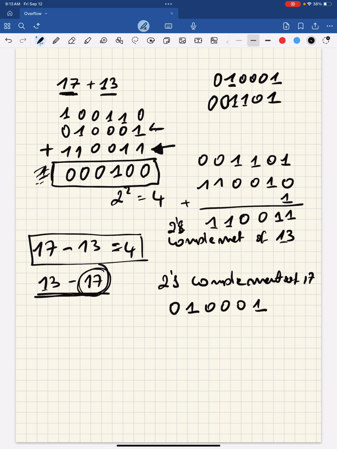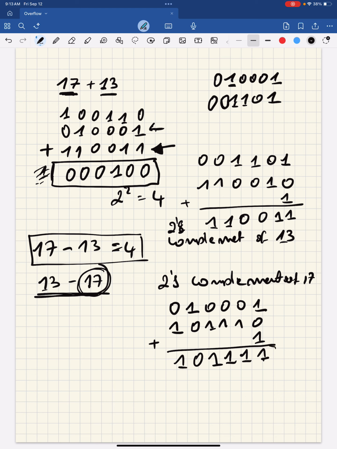Now the 2's complement, we flip all the digits. So the 0 becomes 1, the 1 becomes 0. Then we have three 1s following, and then we have a 0 there. And we add a 1 to the resulting value. It gives us 1, then 1, then 1, then 1, and then the 0 here, and then the 1.